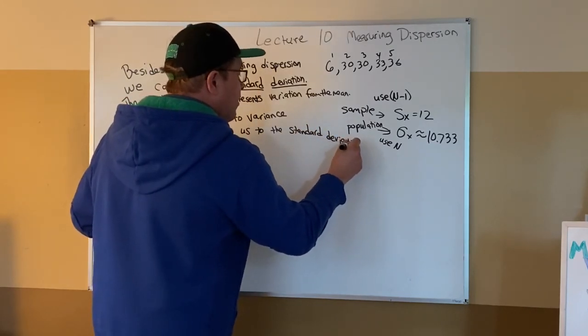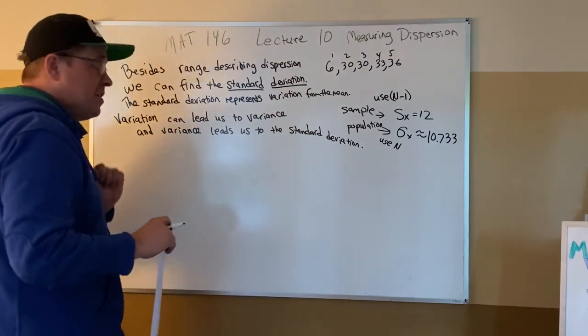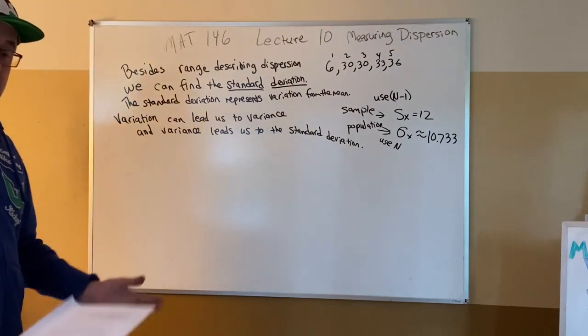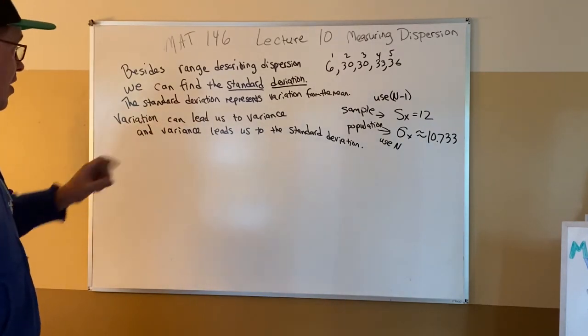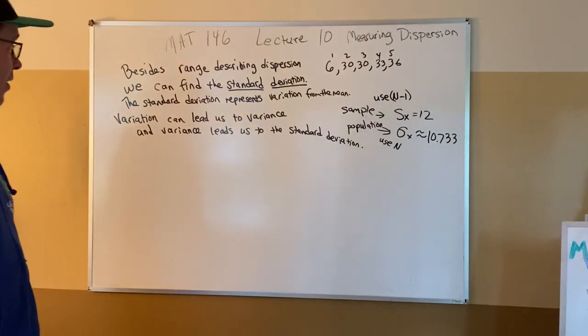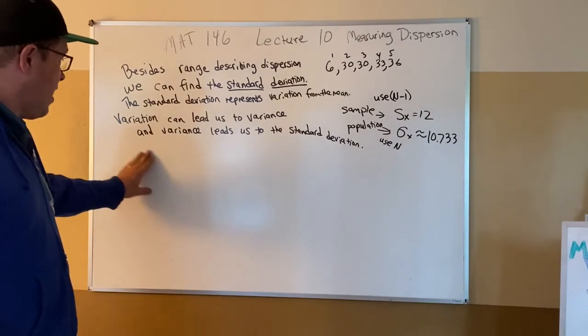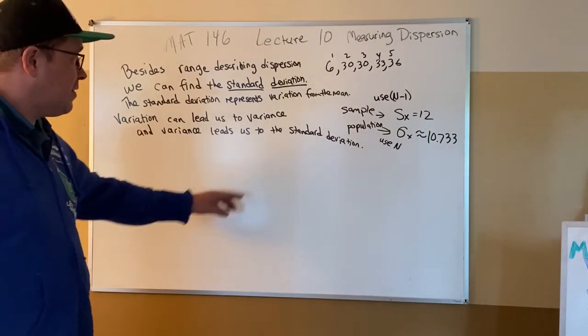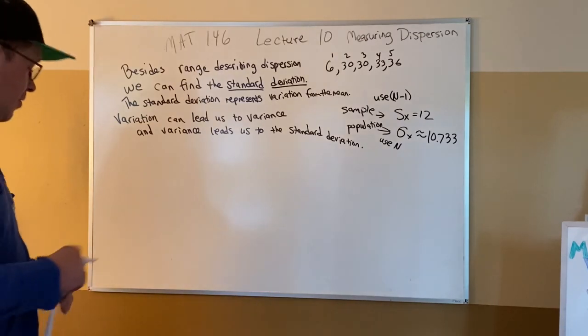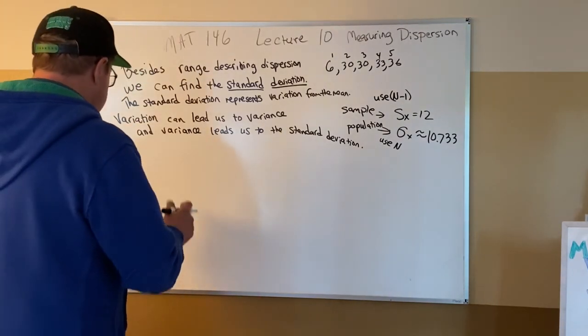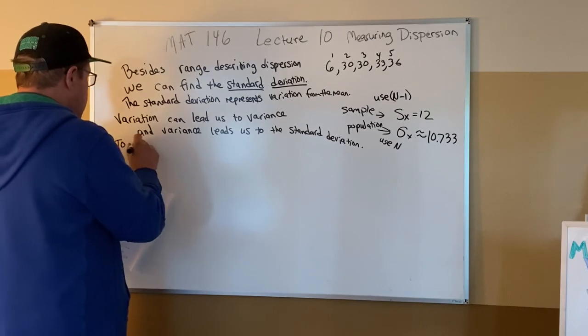Variance is a mathematical calculation. Variation is an ongoing phenomenon, that things are not all exactly the same, so there's variation among the items. Variance is a mathematical calculation that we're going to make, and it's not good on its own to just get the job done until we can get it standardized and back to the scale of what we're actually measuring in the first place. So here's how we go ahead to find the standard deviation.